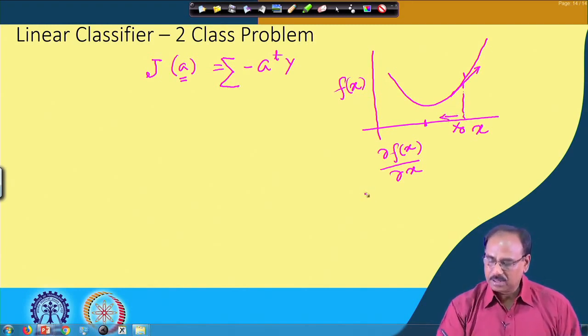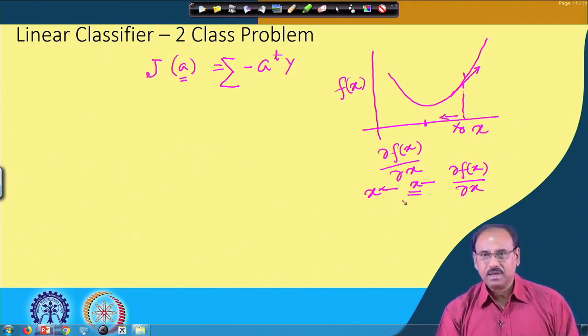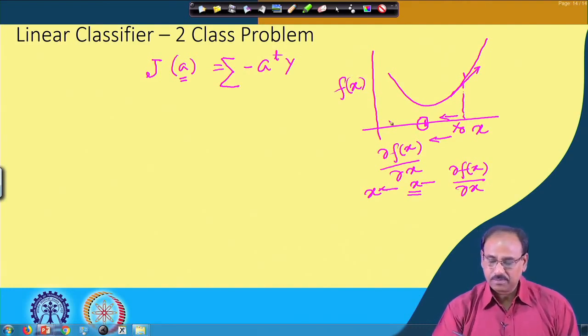My x next time will be the previous x minus del f(x) del x, and if I change x in the negative direction of the gradient, I am moving in the direction of minimum f(x). So, this is what is known as the gradient descent algorithm, and we will talk more of this in detail later.